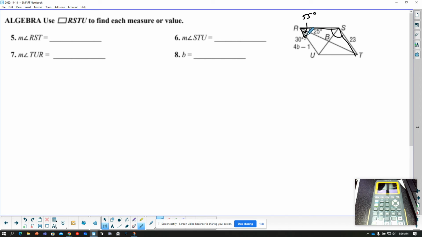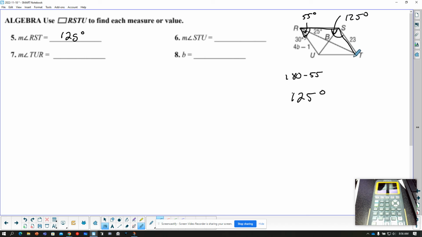Well, if this angle is 55, then this angle over here would have to be 180 minus 55. 180 minus 55 is 125, I think. So that angle is 125. So RST, 125 degrees. I did that because I know that the consecutive angles are supplementary.